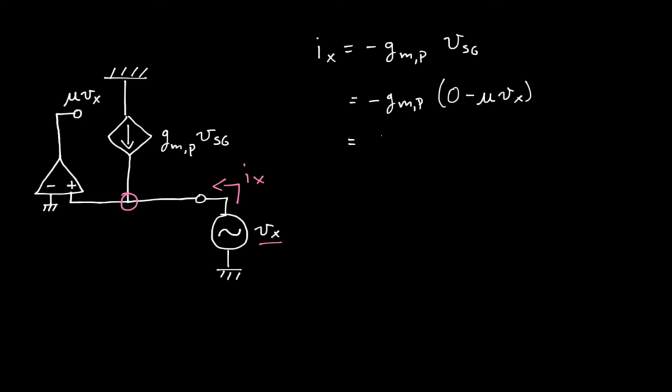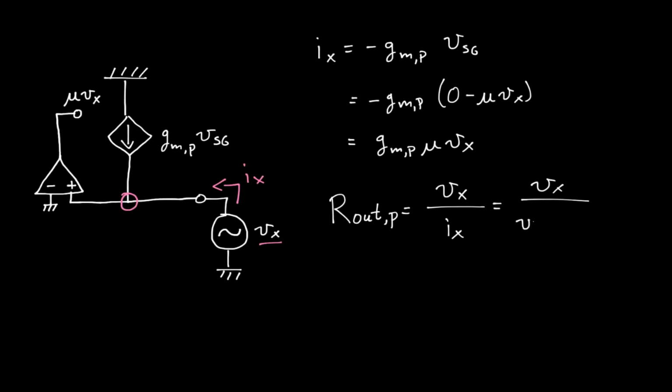So that will give us GMP times mu Vx. And to now compute the output resistance of the P branch, we just have to divide the test source voltage by the input current as a result of that voltage. And that'll give us Vx over Vx mu GMP, and that is 1 over mu GMP.